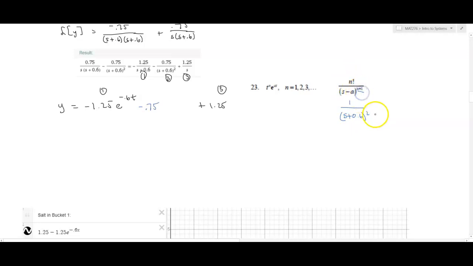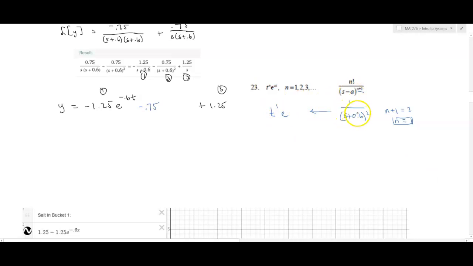Here we're saying that our n plus 1 is equal to 2, and therefore the n in this equation is going to equal 1. So if I want to work backwards and take the inverse of this, this should be a 1 factorial up here, which it is, and that should invert into t to the n, so t to the first power, e to the at.